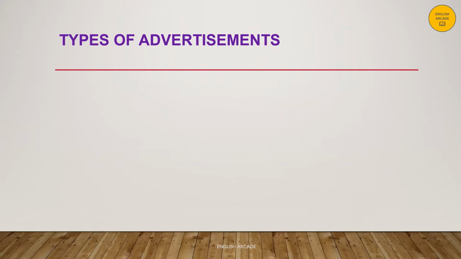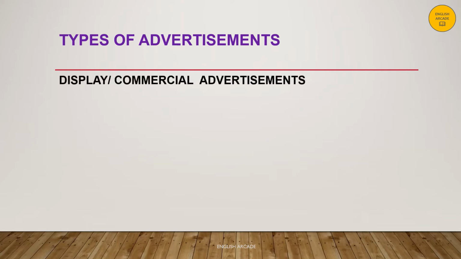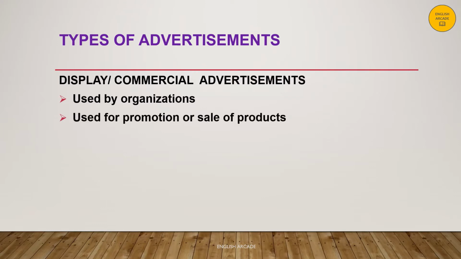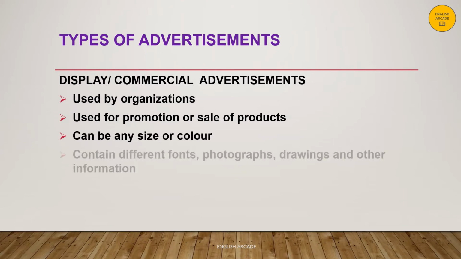So the first type of ad that we saw, the Coca-Cola ad, was a typical example of a display or a commercial advertisement. These advertisements are used by organizations. They are used for promotion or sale of products. They can be of any size or color.